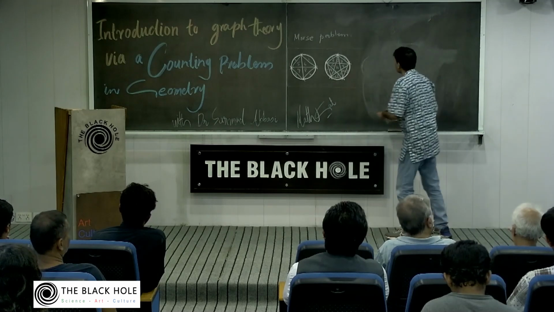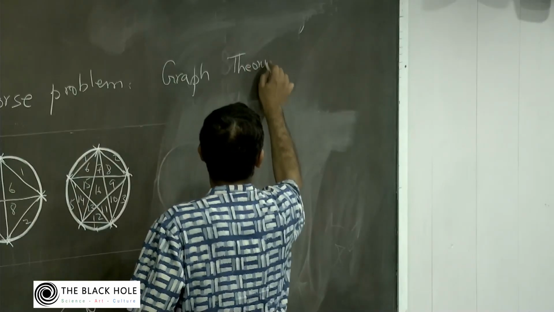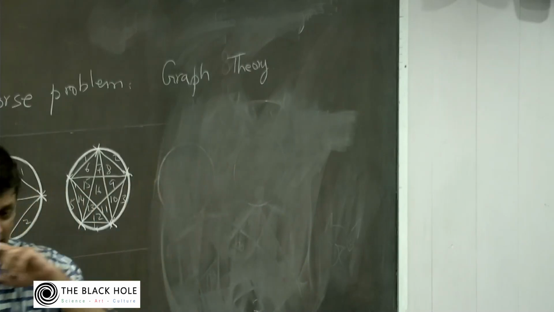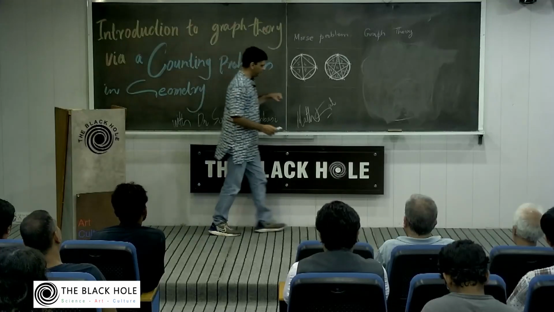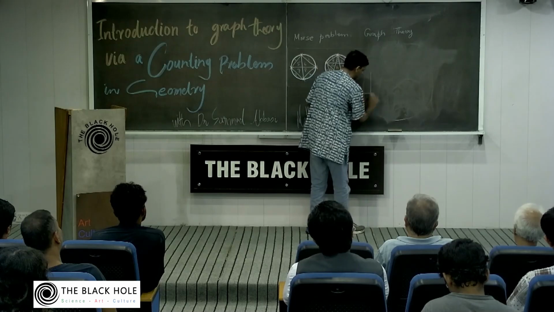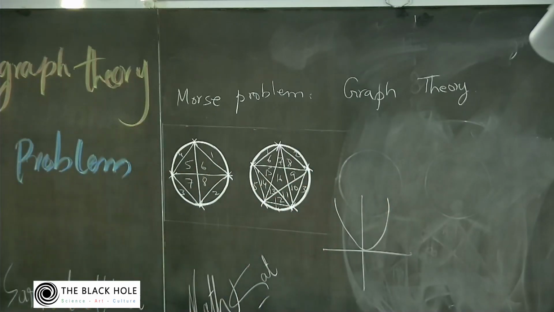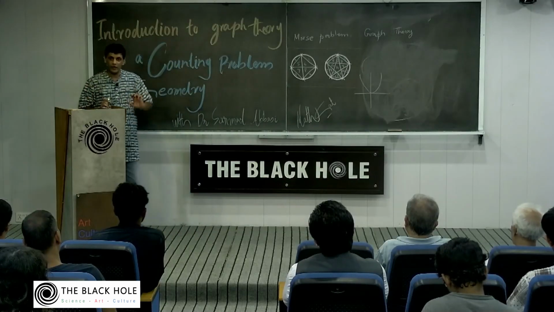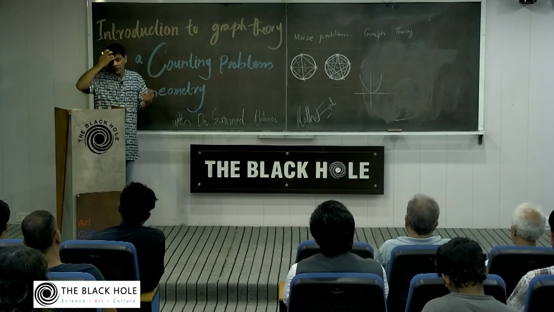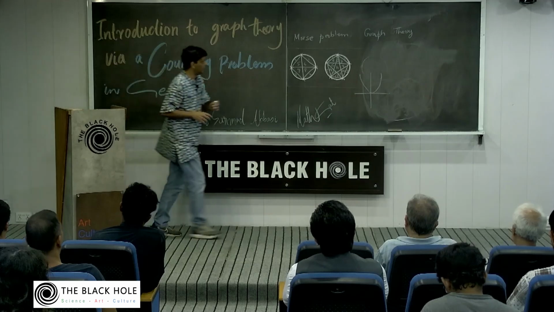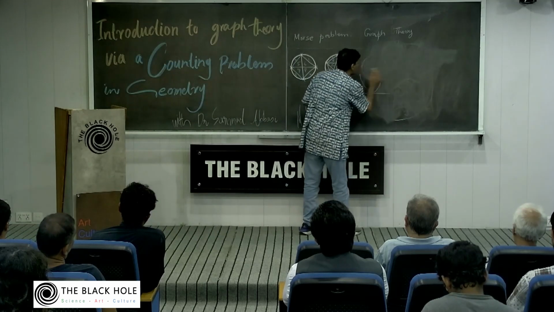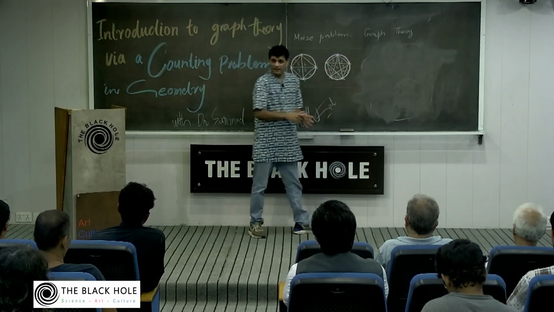We are looking at graph theory, which is the study of something called graphs. Now there are graphs that you study in 9th and 10th grade, y equals x squared, graphs of functions. That's not what we're talking about. These graphs seem to have the same name, but they are very simple objects, much simpler than those.